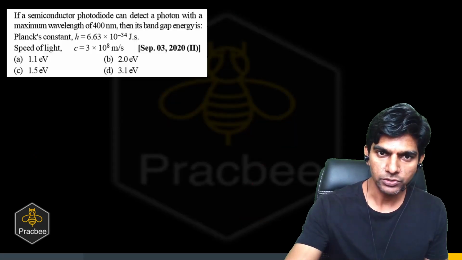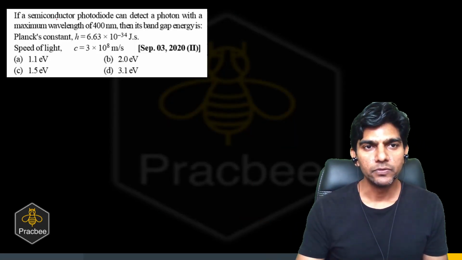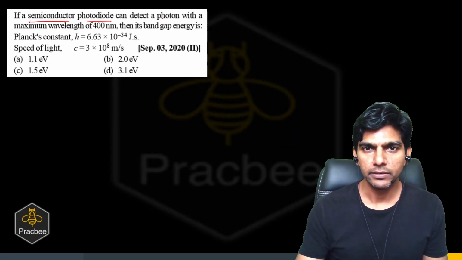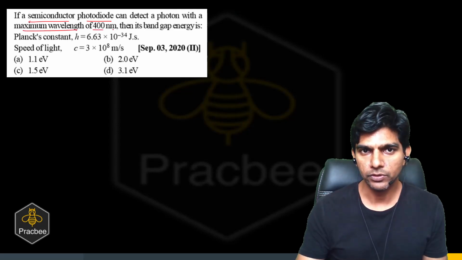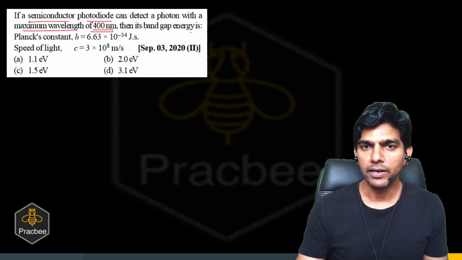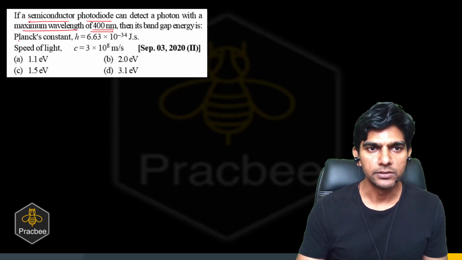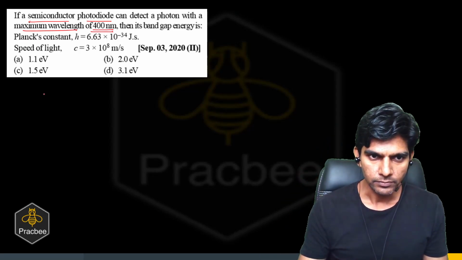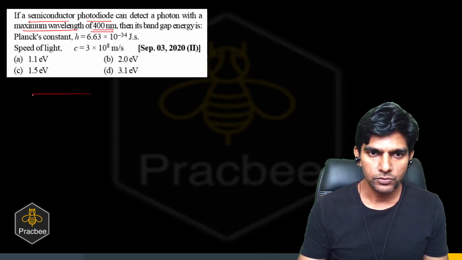Now let us see a typical question that is asked on photodiodes. If a semiconductor photodiode can detect a photon with a maximum wavelength of 400 nanometer, then its band energy gap is? Planck constant is given, speed of light is given. So let us see. This is the band diagram.